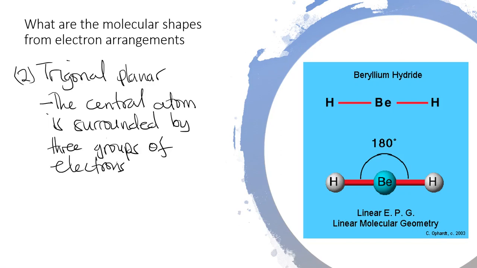So for example, if we take B, Cl, Cl, and Cl, this is the first group of electrons. This is the second group of electrons. This is the third group of electrons. So if the central atom is surrounded by three groups of electrons, you have a trigonal planar. So take note of this.